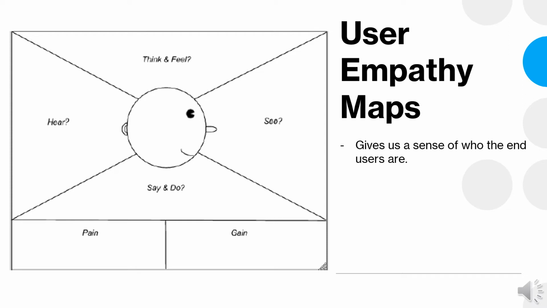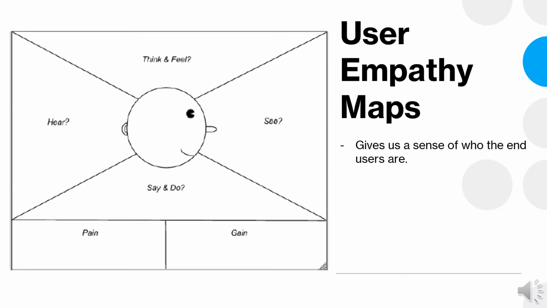It also includes the pain points as well as the gains that the users currently want to achieve. And if you remember in our personas, the pain points will be the frustrations in our personas, and the gains will be the goals that the users want to achieve.